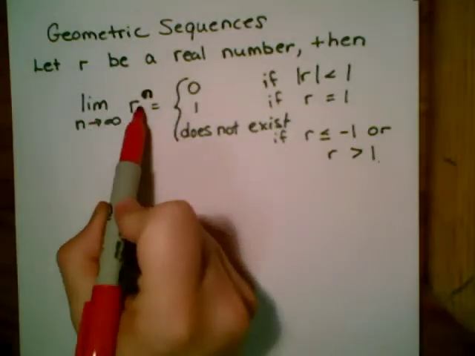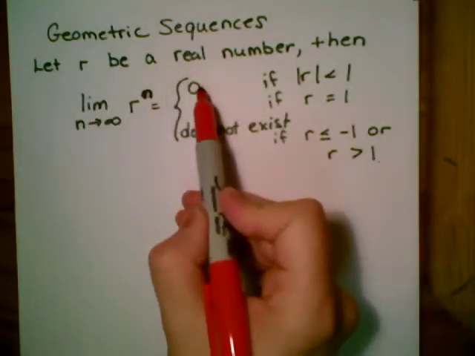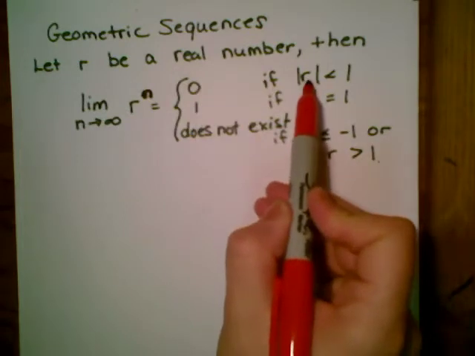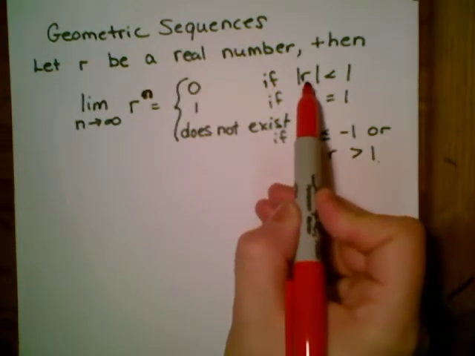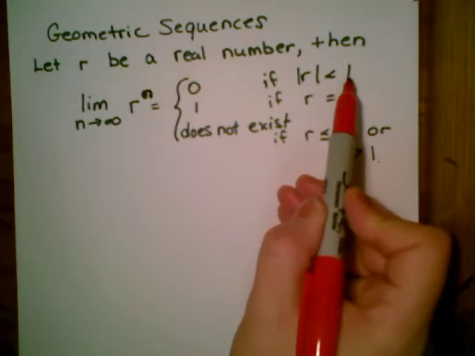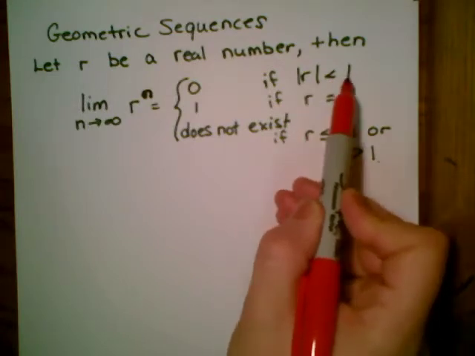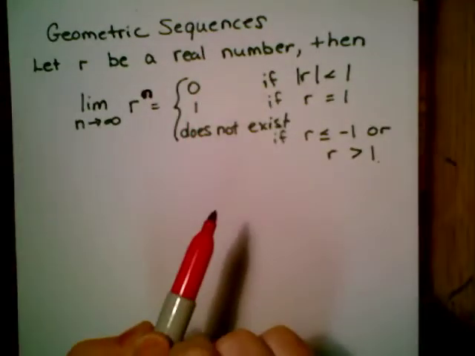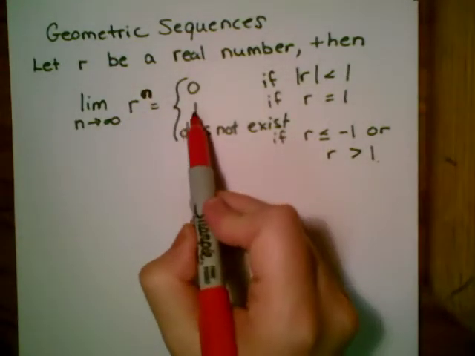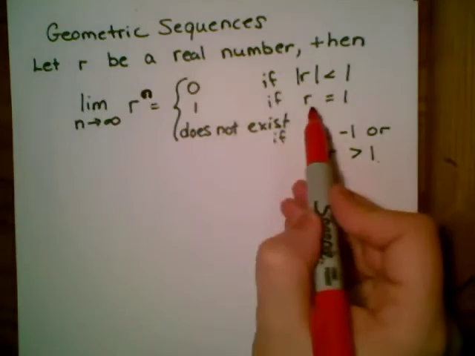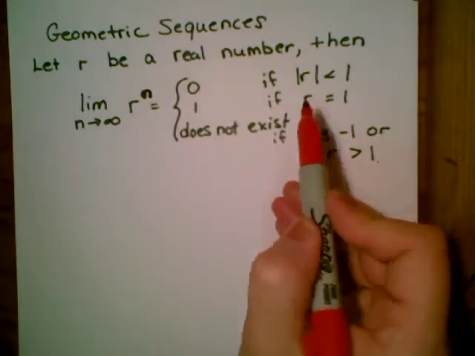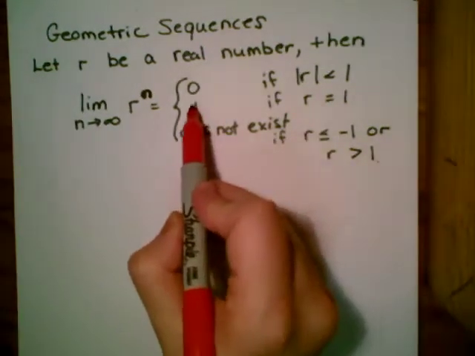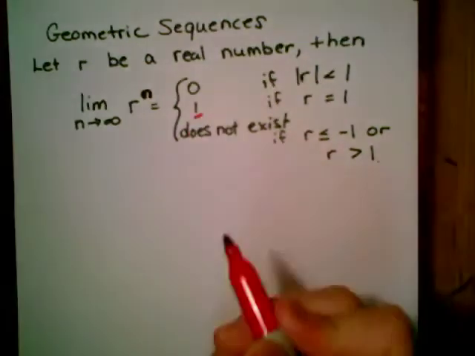The limit of r to the n will be 0 if the absolute value of r is less than 1, if the magnitude of r is less than 1. So it could be positive or negative, and we still have convergence. If r is equal to 1, we'll have that constant sequence. We will have convergence, and the limit of the sequence would be 1.